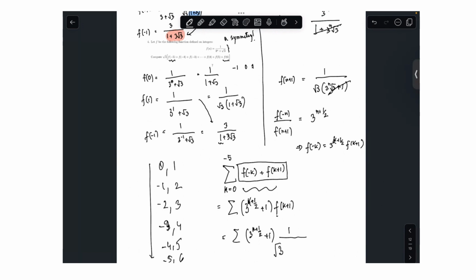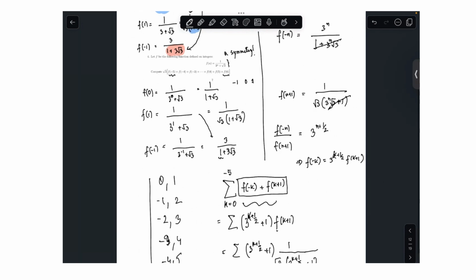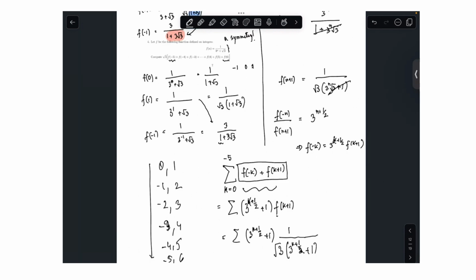Root 3 is common, you will get back the same thing. Yes, if you put it, this will get cancelled out, and you get minus 1 by root 3.